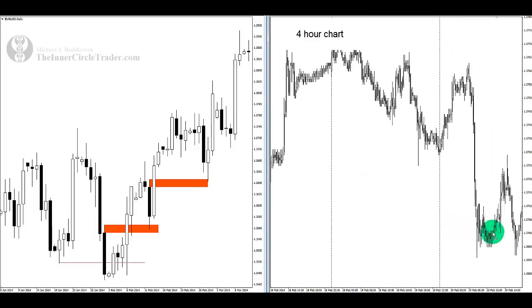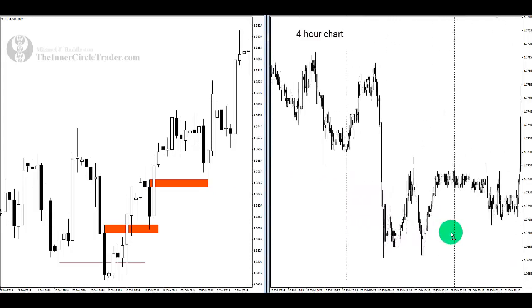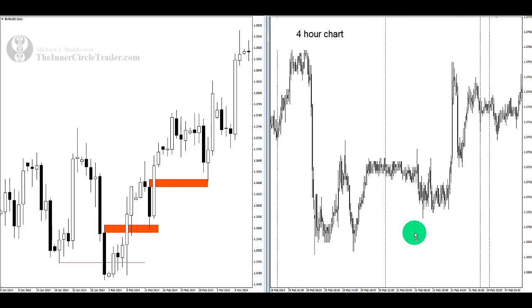136.50 is what we would expect. The low on this candle is 136.48 and the high on this candle is 136.51.